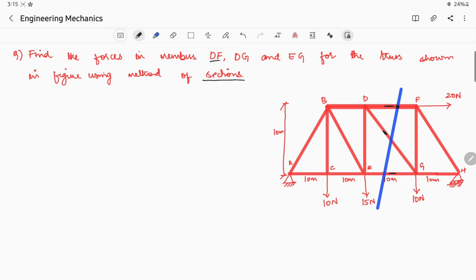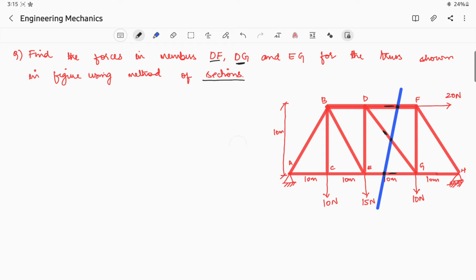Then my section passes through member DG, which is also split into 2 parts. Along with that, member EG is also cut and split into 2 parts.